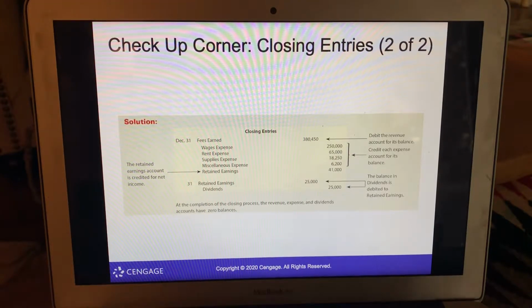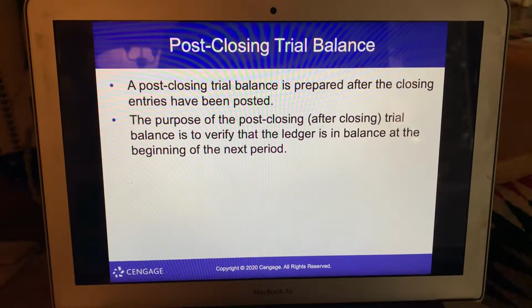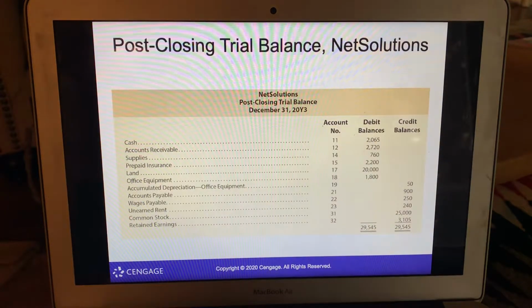Okay, so that's what that would look like. And let's see. So the post-closing trial balance is prepared after the closing entries have been posted. The purpose of the post-closing trial balance is to verify that the ledger is in balance at the beginning of the next period. So here's what the post-closing trial balance will look like.